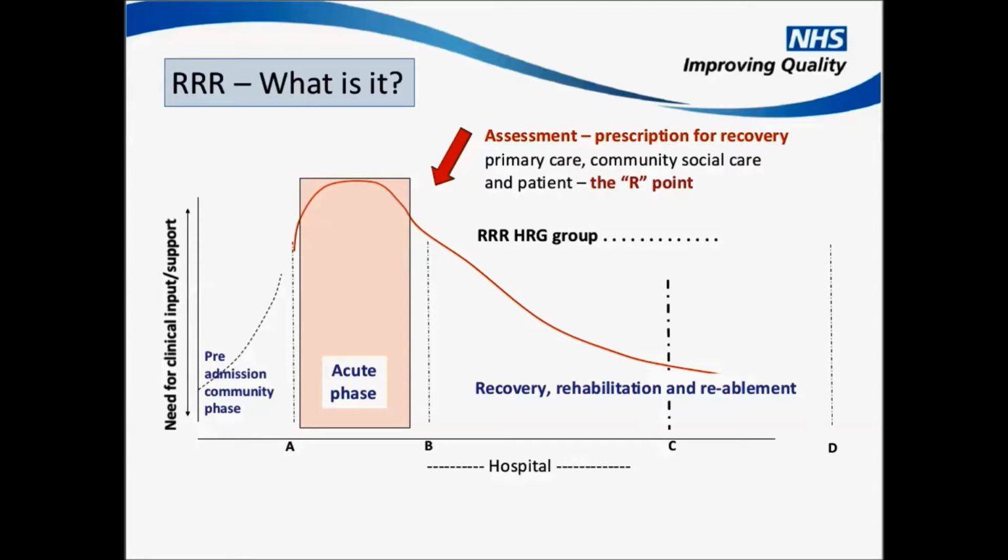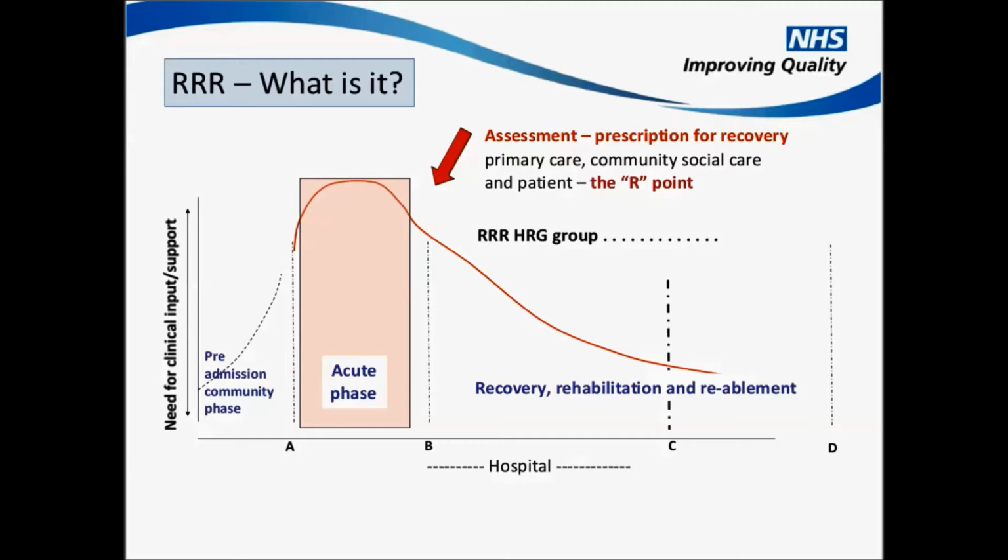The main role of the national program in RRR was, what they asked us to do was to look at whether it would be possible to identify an amount of support for recovery, rehabilitation and reablement that occurred in an acute hospital at the moment, which could be transferred to another setting, whether that be a community hospital or a nursing home or whatever.